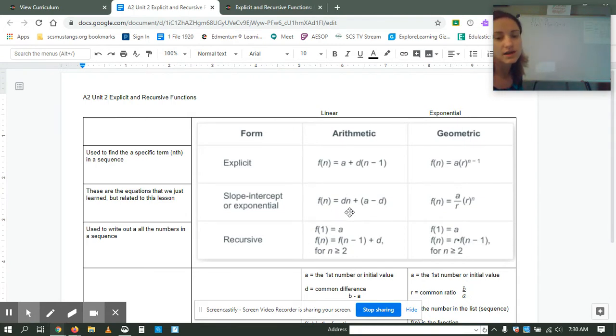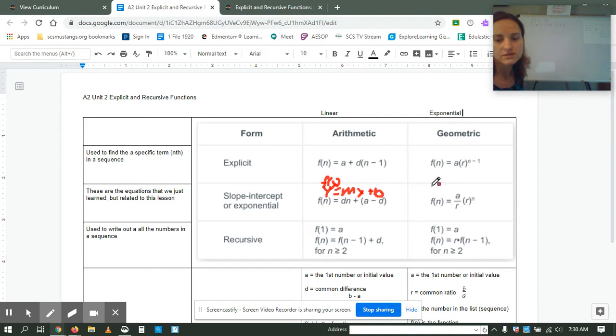So if you want to write slope-intercept form, y is equal to mx plus b, where m is the d, the x is the n, because remember that we can write this as f of x, and then a minus d is our b.